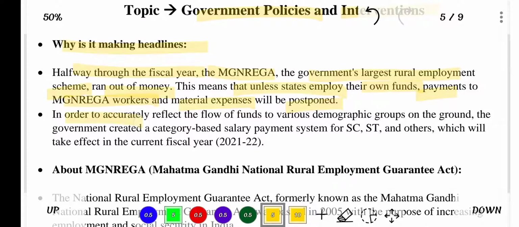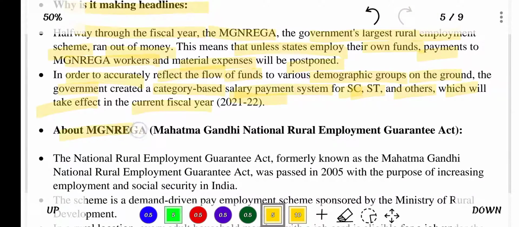In order to accurately reflect the flow of funds to various demographic groups on the ground, the government created a category based salary payment system for SC, ST, and others, which will take effect in the current fiscal year 2021-2022.